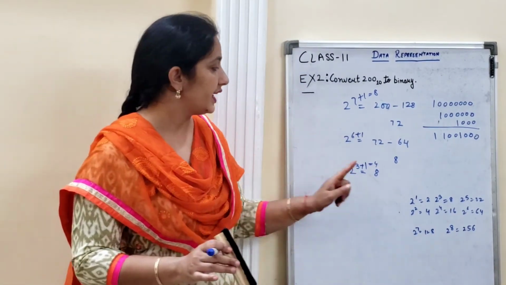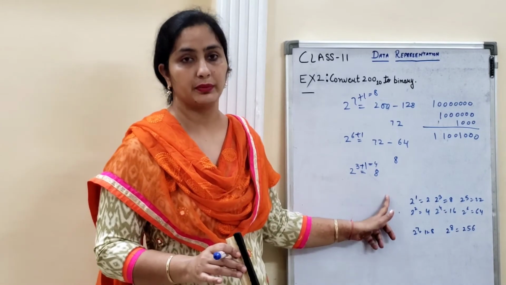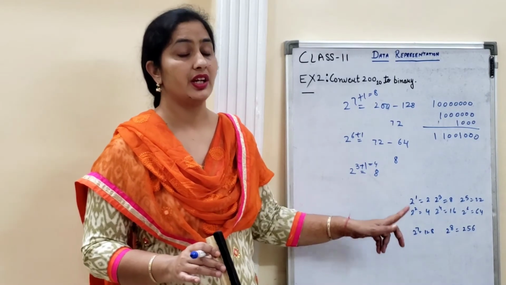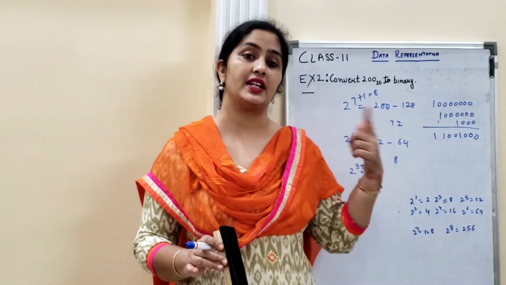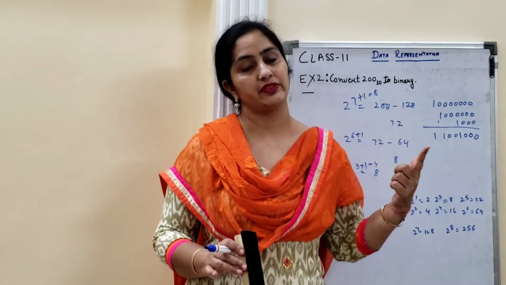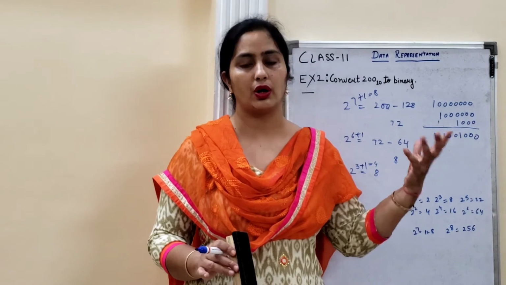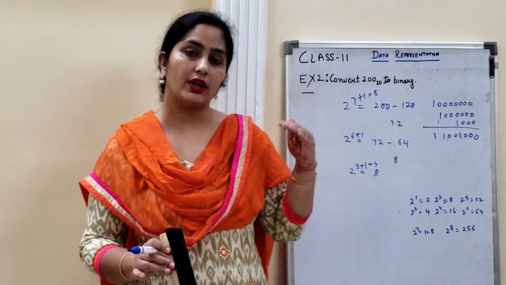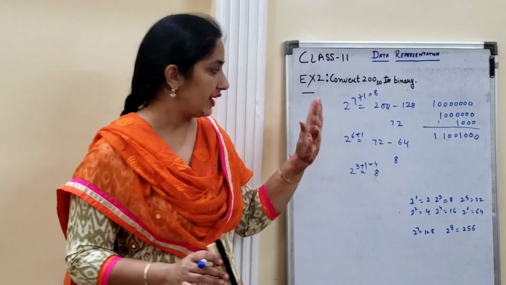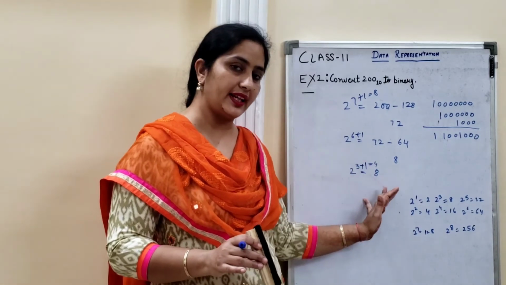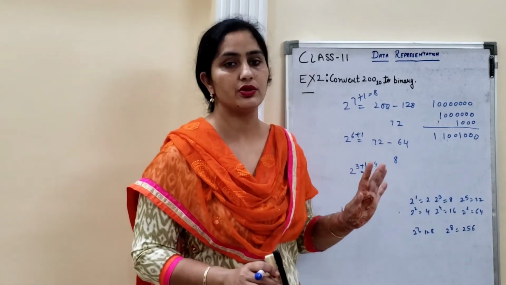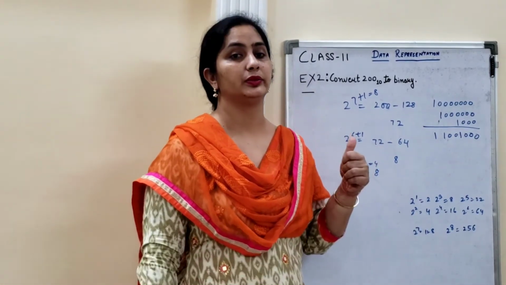The reason is, here I got the exact number, that is 2 raised to power 3, 8. Whereas in the previous one, the number which I got was not exact. Still I was taking 2 raised to power 2 or whatever the number is. So when you are getting the exact number, at that time you don't need to add plus 1.